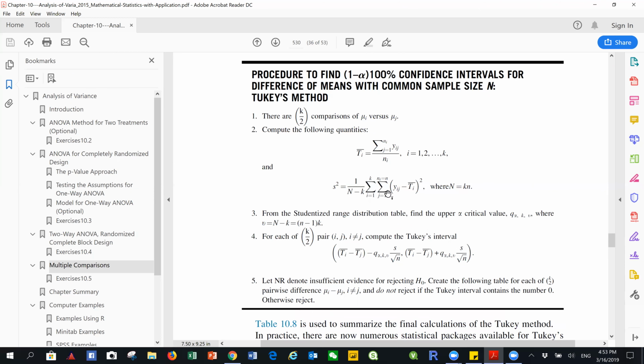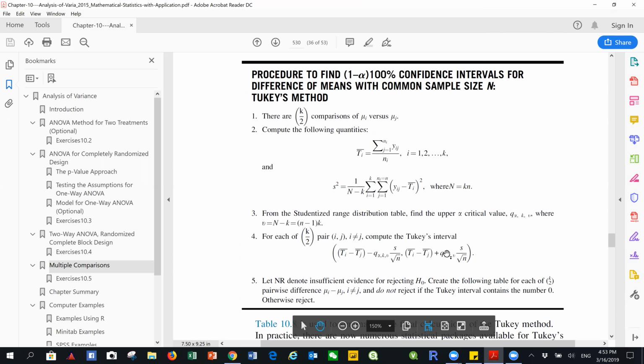You have k samples, and j indexes the response observations; T i bar is the average of the treatment in the i-th population, and so forth.